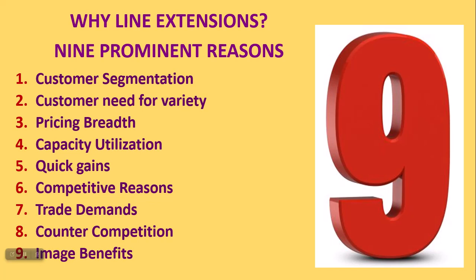For example, if one person wants to have a soft drink, he cannot have 1 liter or 2 liter bottle. Therefore, he will prefer to have a 300 ml bottle. So, capacity utilization is also a factor. Then there are quick gains. The company can gain quick money, and also the customer can gain immediate benefit of that presentation.